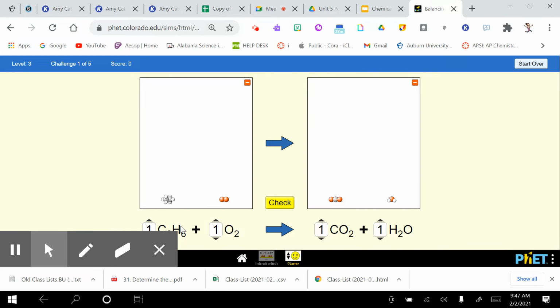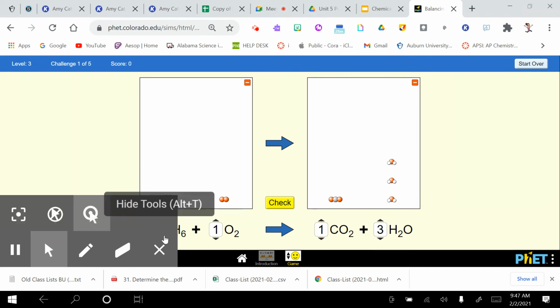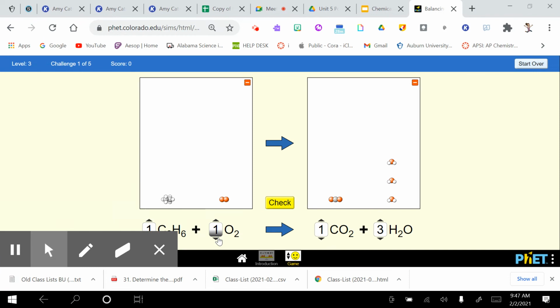So, I need to put 3 there. That's 3, and 2 is 5. This is 6. And okay, so my hydrogens are now balanced. I had 2 oxygens here, but I have 3 here. So, I put 2 there, that gives me 4. This is better.